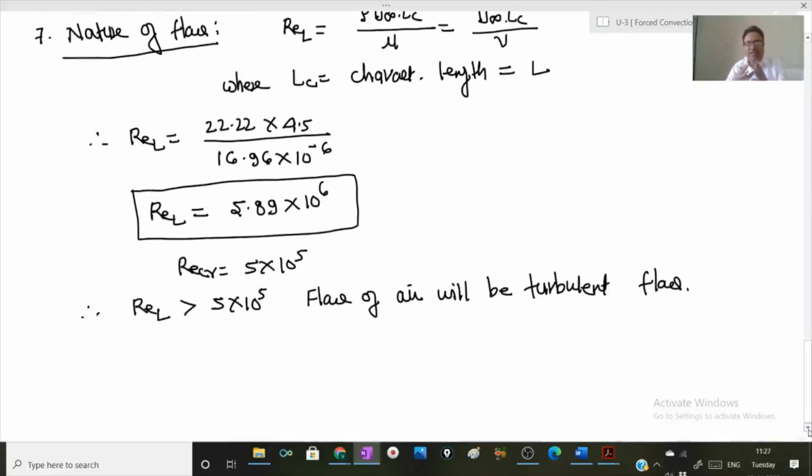As we have discussed in the previous problem, the flow can be a combination of laminar and turbulent flow, or it can be purely turbulent flow. Those two possibilities are valid here also.